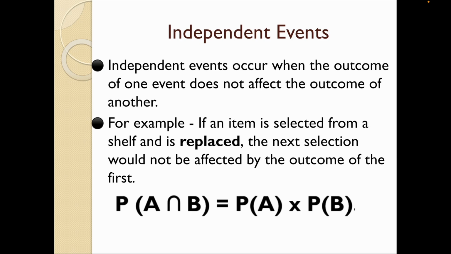So once it has a replacement, when you select one now and you select one later, they don't affect each other, because whether you take one or two, the next time around you still could take one or two if you wanted to. This isn't so popular in CSEC so far, but sometimes they pop it in here or there, so we roughly go through it to get a rough idea.